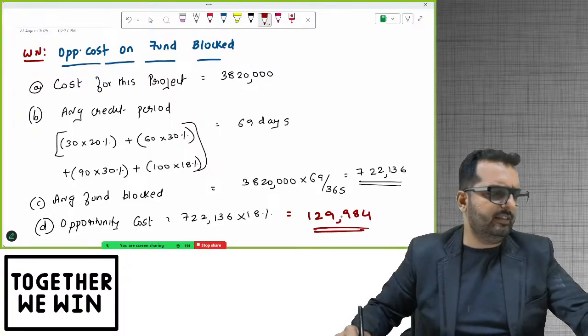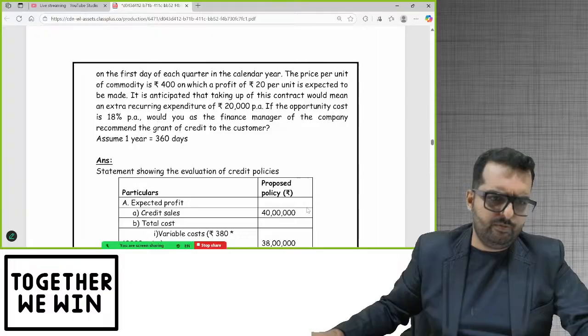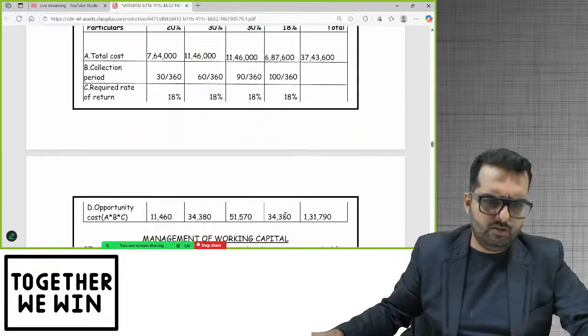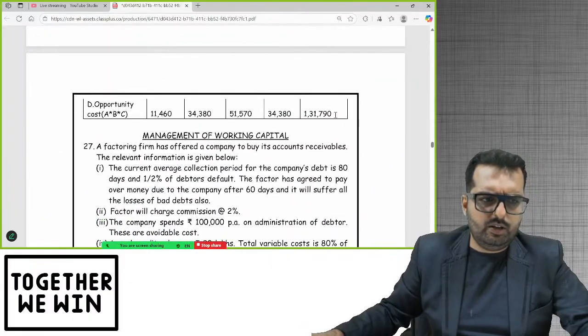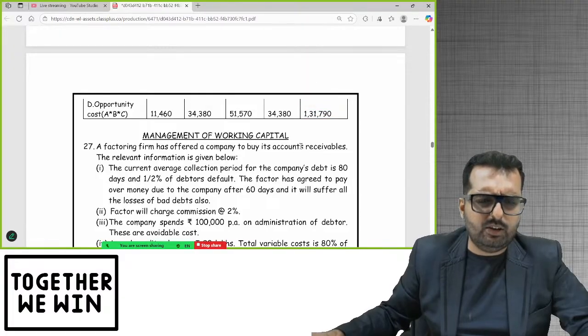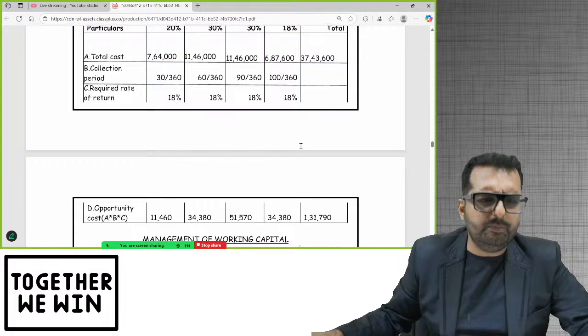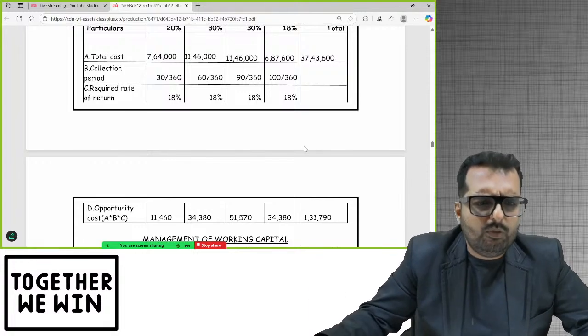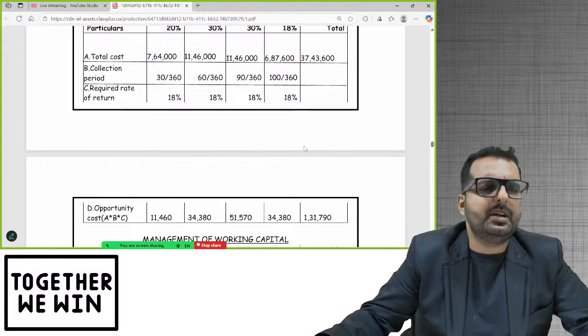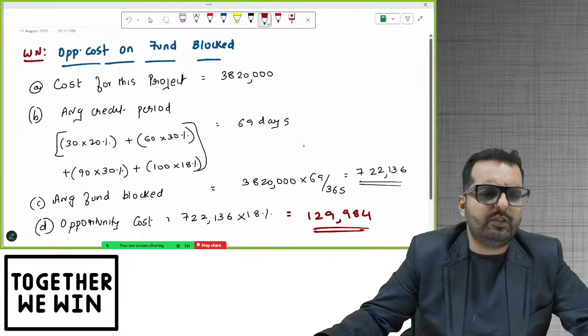Let's cross check, friends. Here they have got the answer as 1,31,790. A little difference has come in there. Hold on. Why is there a difference? I think it's a rounding difference, friends. Nothing else.